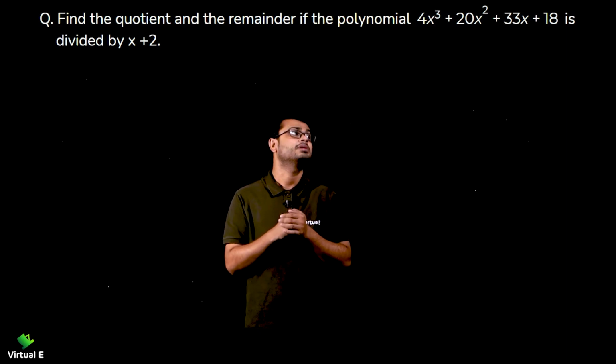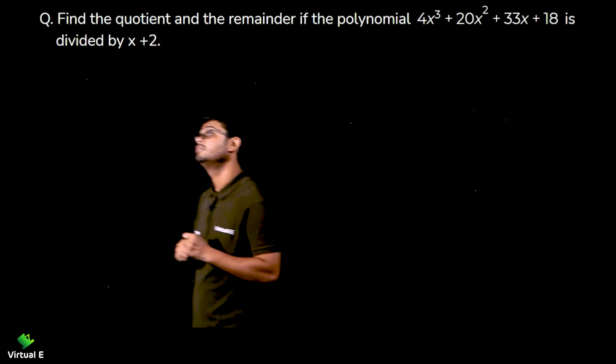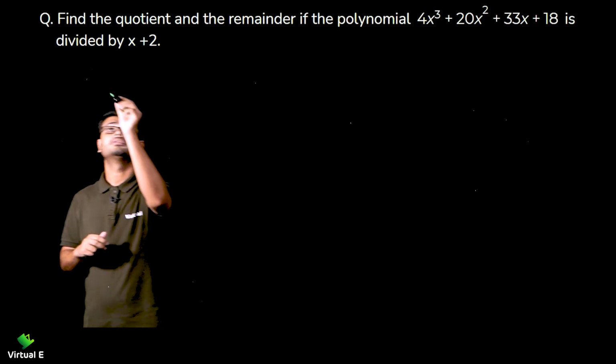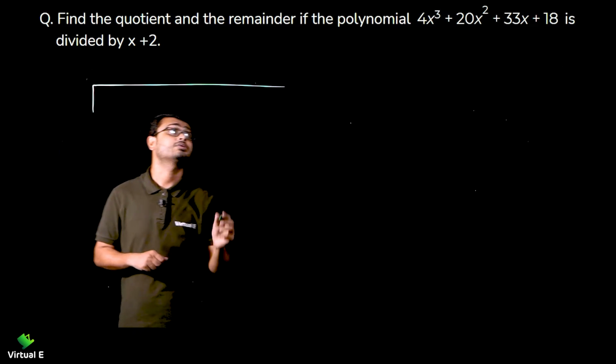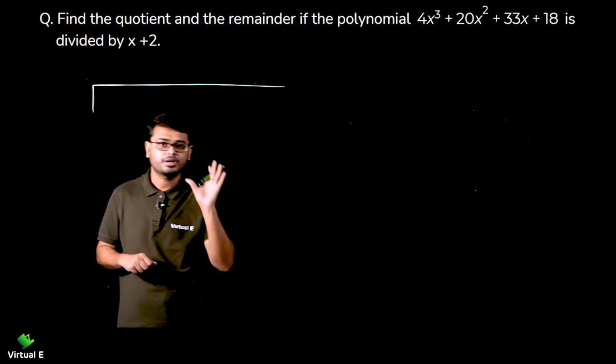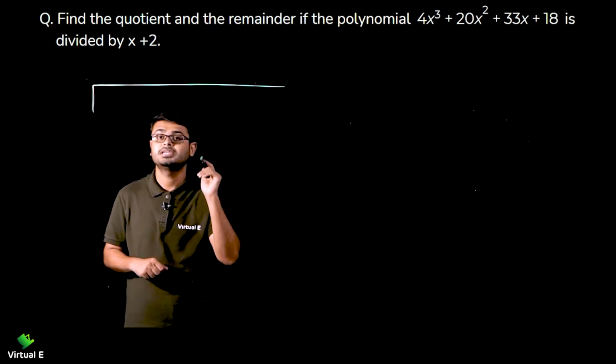Okay, so let's start. First of all, let's write the dividend and divisor. I told you to always write in the standard form. I believe it is given already 3, 2, 1. That is the proper order.